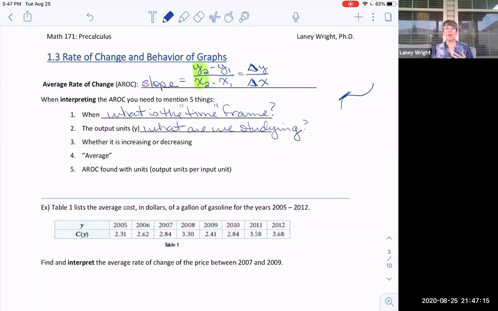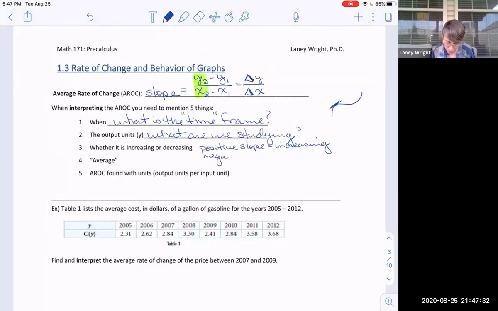The third thing is whether or not it's increasing or decreasing, okay? If it's a positive slope, then it's increasing. And if it's a negative slope, that means it's decreasing.